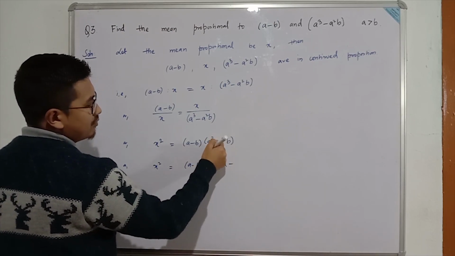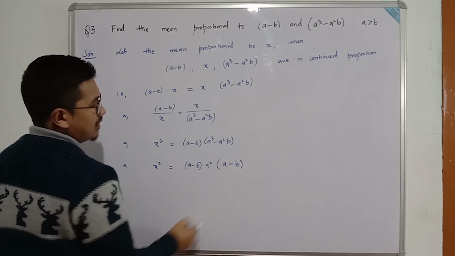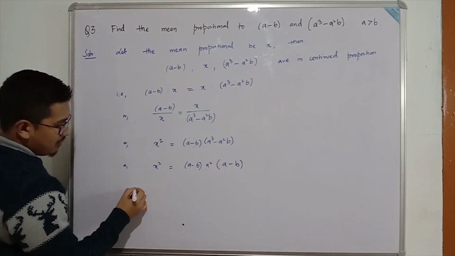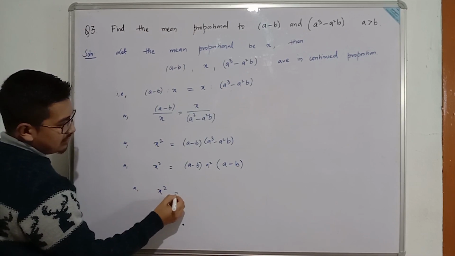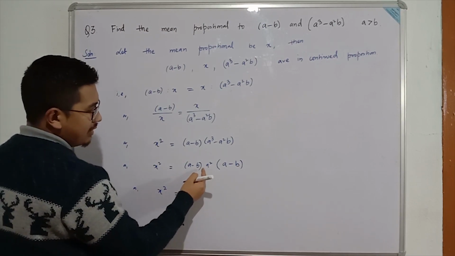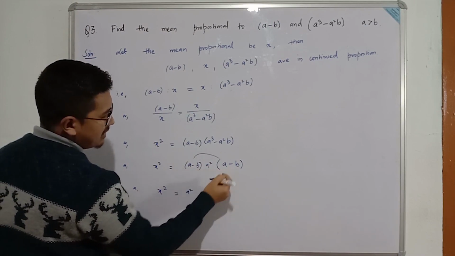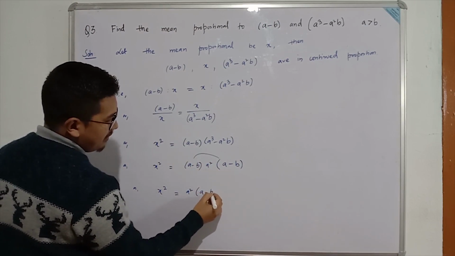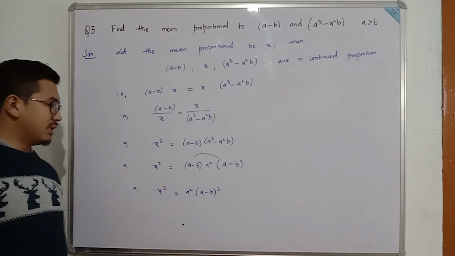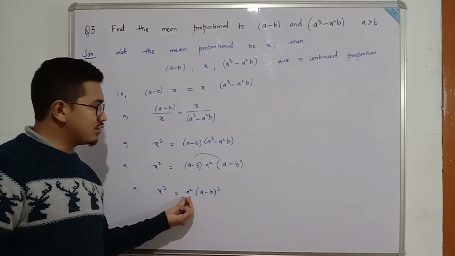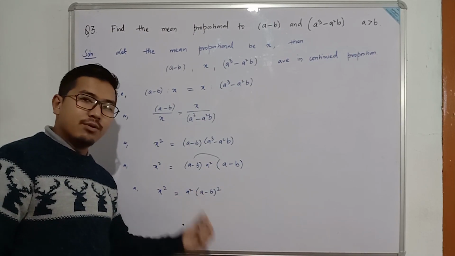We have already taken out a square common, that means b is remaining. So x square is equal to a square, and we can multiply this. A minus b into a minus b will give us a minus b whole square. So x square is a square into a minus b whole square.